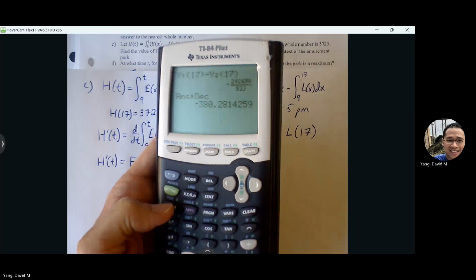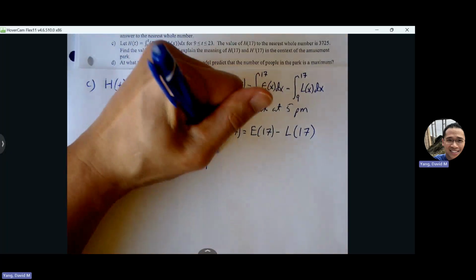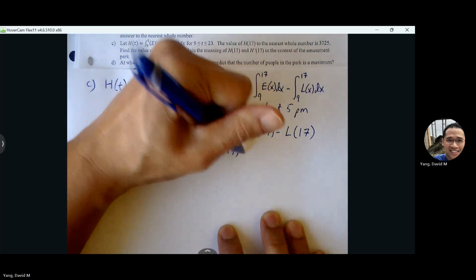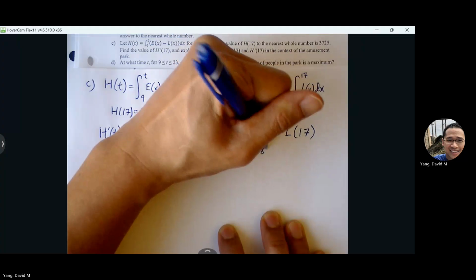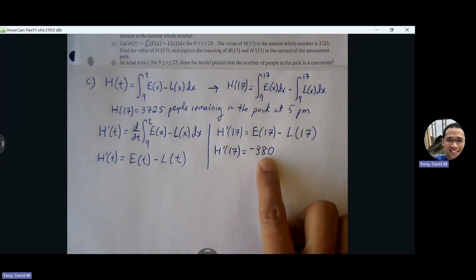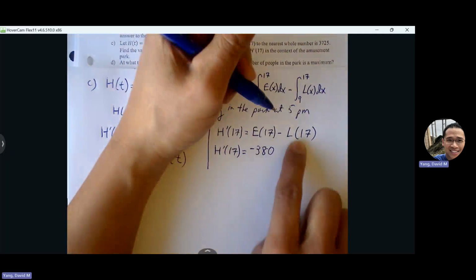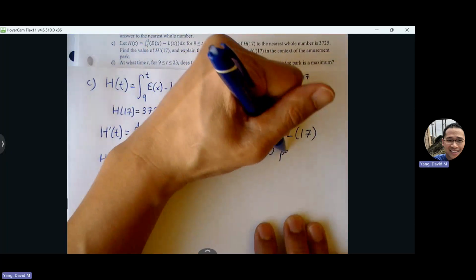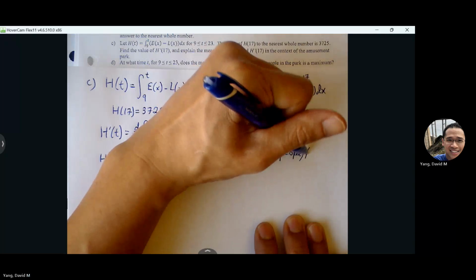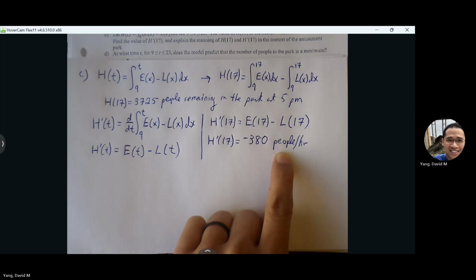Math decimal, negative 380. So let's write that number down. h prime of 17. And what's our unit going to be? Yeah, E of t and L of t are rates, so we know this is people per hour. So how would you interpret this? What does that number mean?